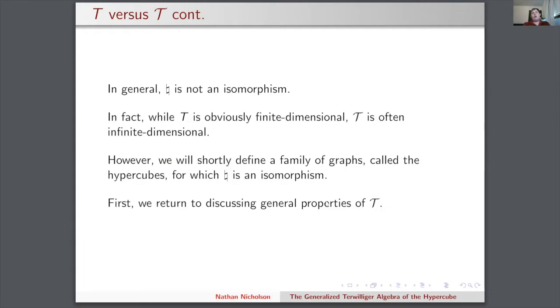However, we will shortly define a family of graphs called the hypercubes, for which this map is actually an isomorphism, and this works out how we would want it to. But before we get there, let's discuss a few other general properties of the generalized T algebra.